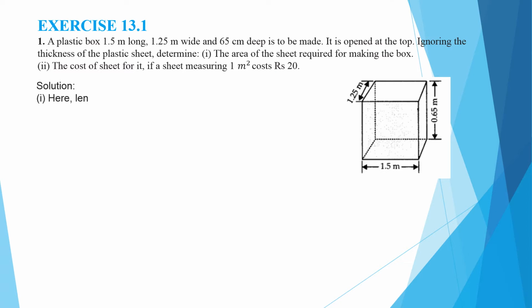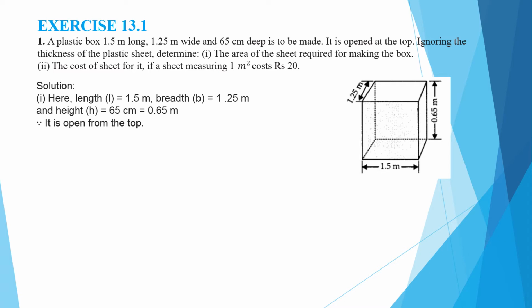Let's see the first one. Here length is given 1.5 meter, breadth is 1.25 meter, and the height is 65 centimeter. So convert centimeter into meter, it will become 0.65 meter.